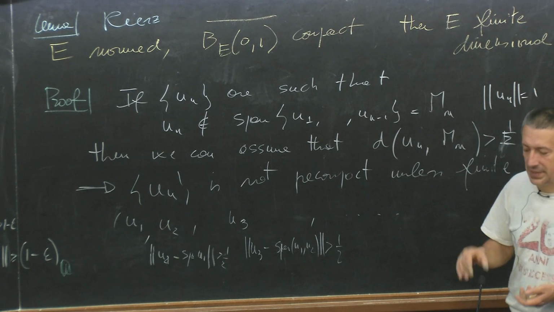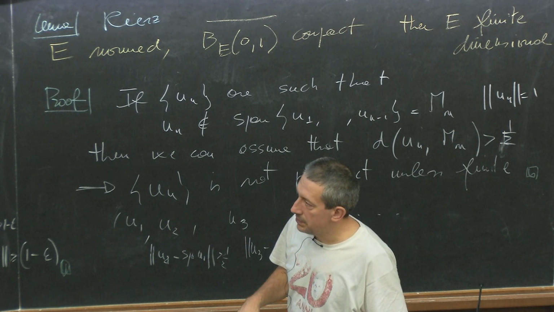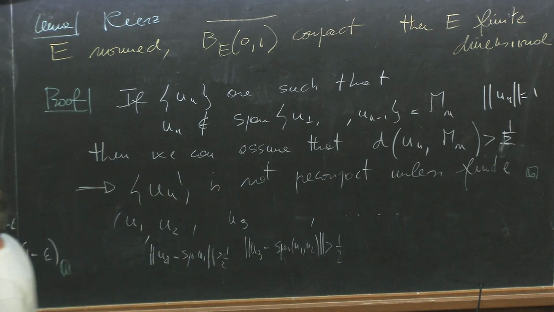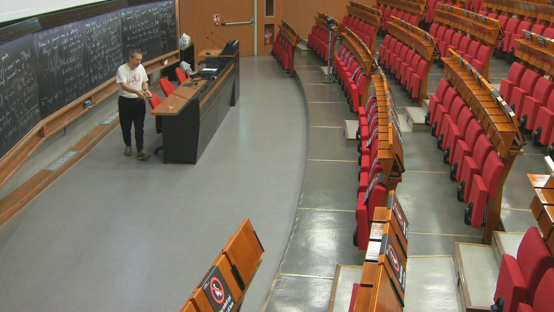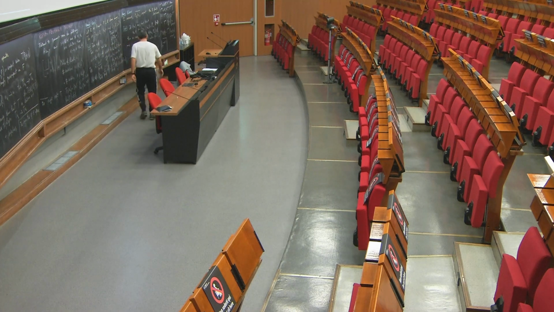Yes, Professor. Okay, I don't know if you have time to see the main theorem here. So we will start, and probably we will take it again from the next lecture, because this is the main result.